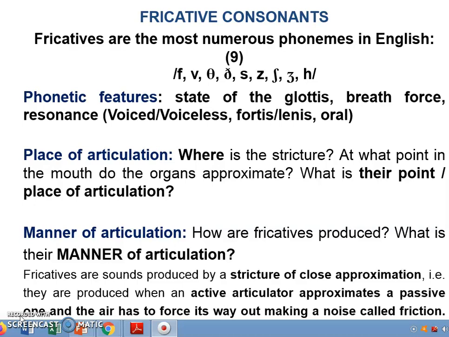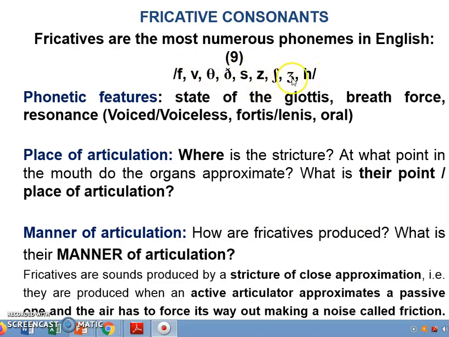Let's provide the phonetic features of fricatives. Well, we have to pay attention to the state of the glottis, breath force, resonance. That is to say, we have to describe the state of the glottis, and we say that f is voiceless and v is voiced, th is voiceless and th is voiced, s is voiceless and z is voiced, sh voiceless, j voiced, and h is voiceless.